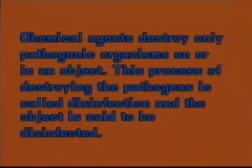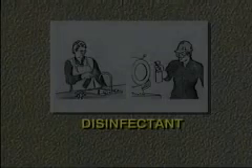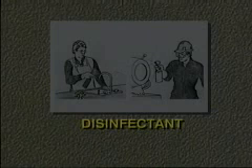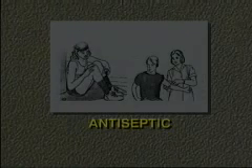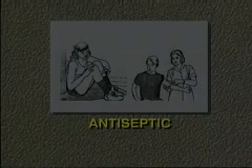This process of destroying the organisms is called disinfection, and the object is said to be disinfected. If the object is lifeless, such as a tabletop, the chemical agent is known as a disinfectant. However, if the object is living, such as a tissue of the human body, the chemical is called an antiseptic.